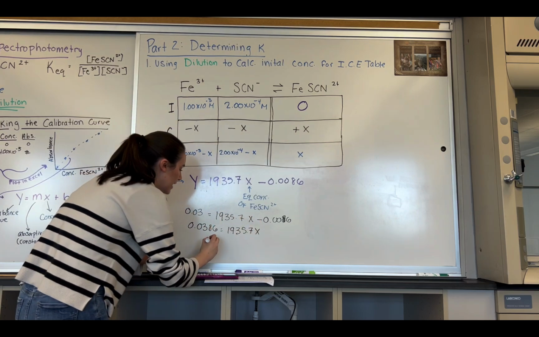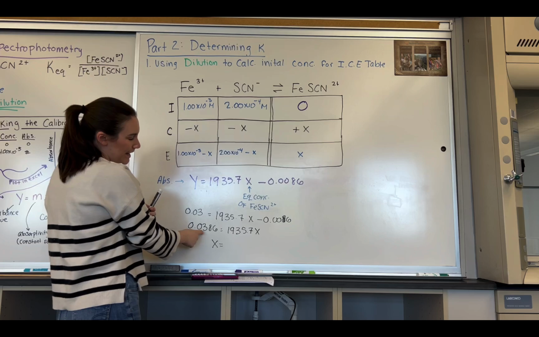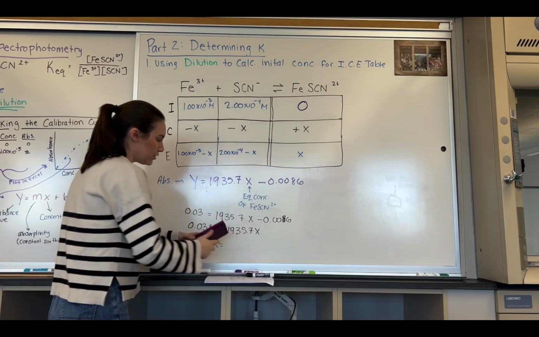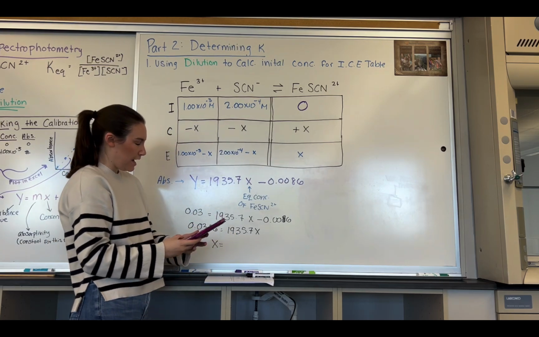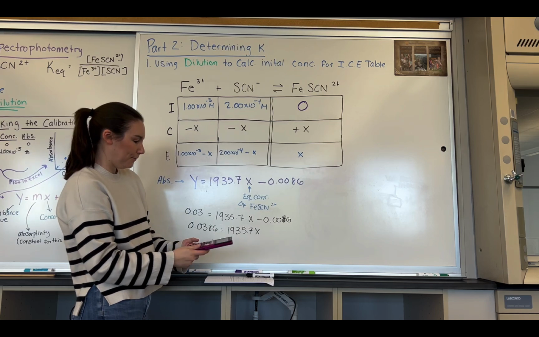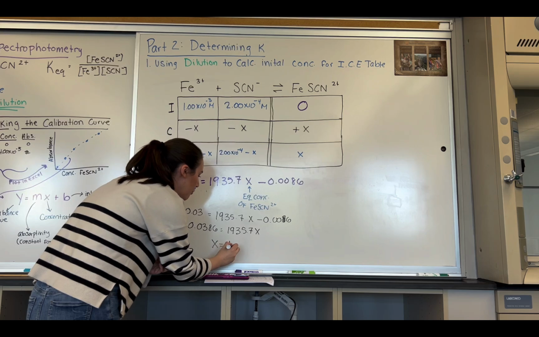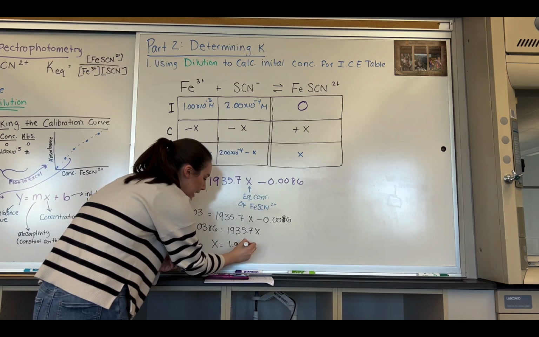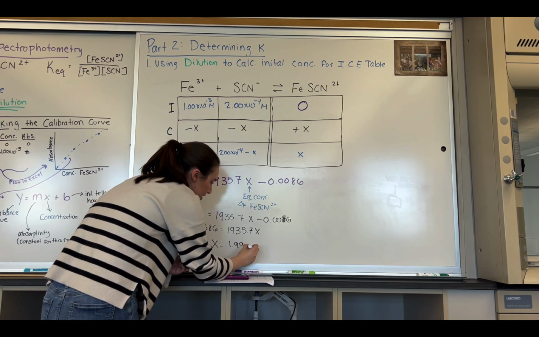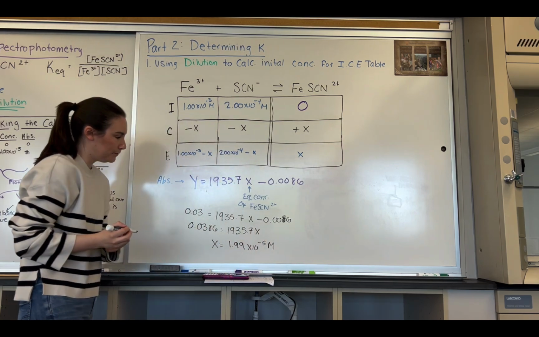1935.7x. Then to solve for x, I'm just going to take that 0.0386 and divide it by 1935.7. And I get a concentration of 1.99 times 10 to the minus 5 molar.